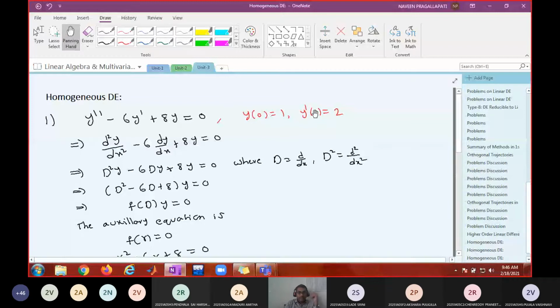Initial conditions, because both conditions are specified at the same point. And so if these conditions are initial conditions, then the differential equation together with the initial conditions is said to be an initial value problem.